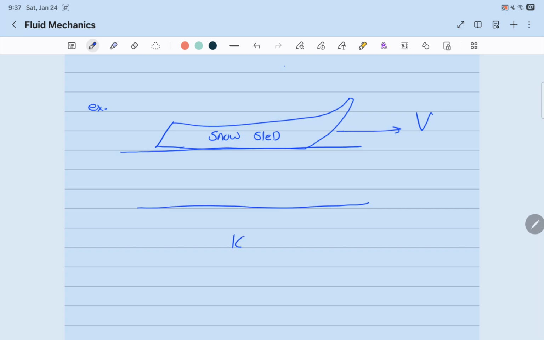So this is the ice, that's water, and we're asked to find the thickness of that body of water, which is D. We're assuming that the velocity profile of the snow sled is linear.